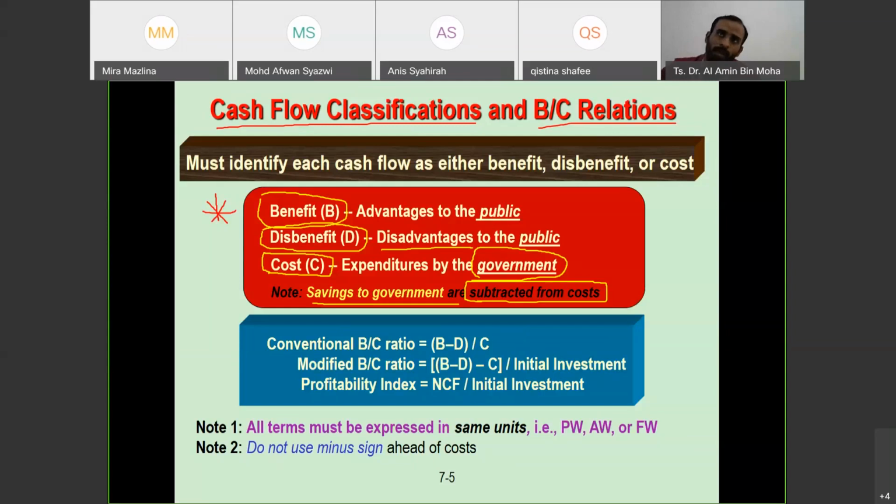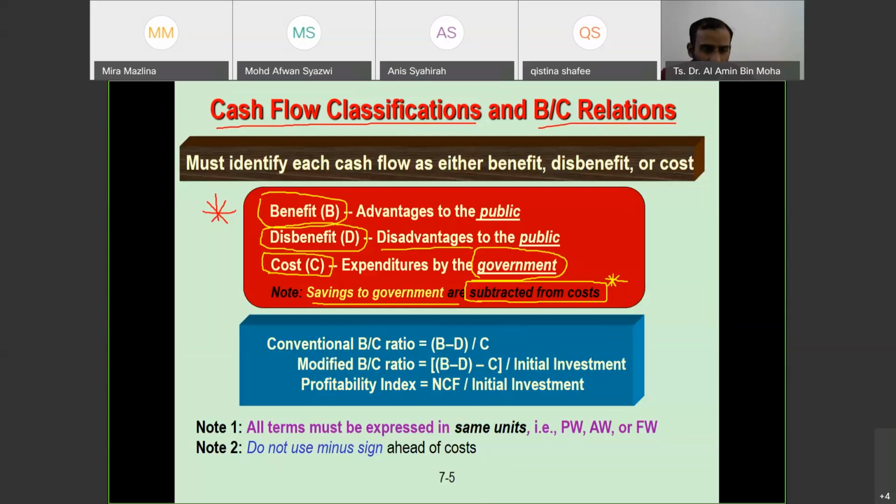But when they are executing that project, they can save a certain amount of money. Let's say 500,000 ringgit. We need to subtract that from the 1 million when we calculate. So that's what they meant here. If there are any savings to the government, we need to subtract them from the cost.